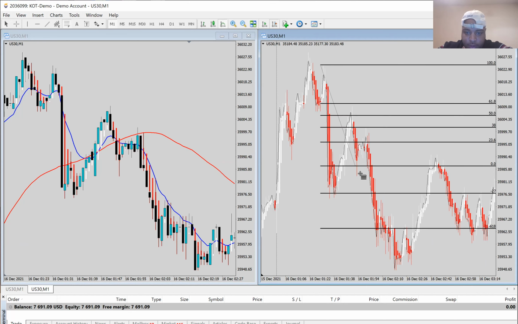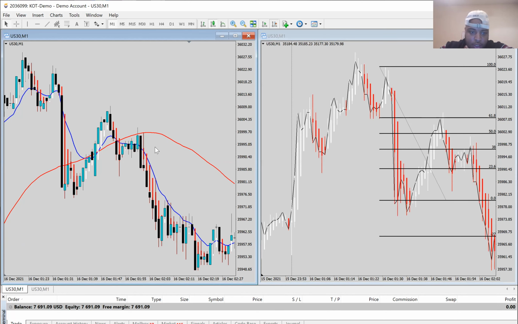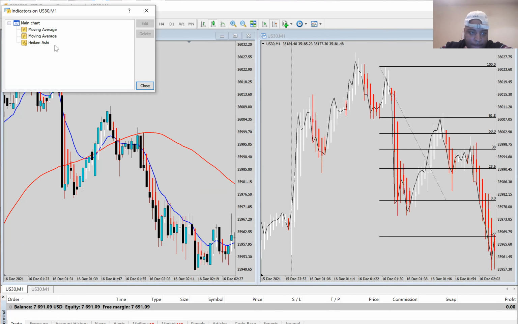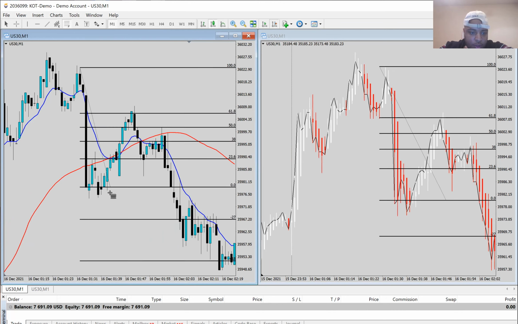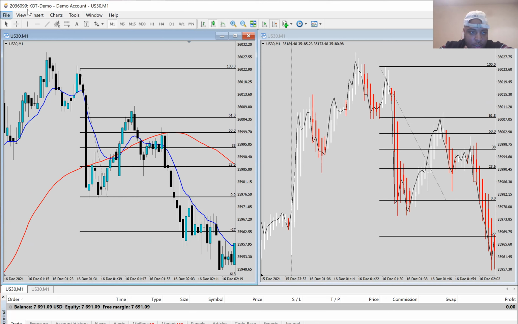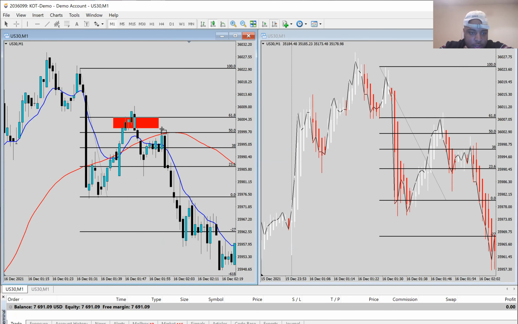Somewhere around here, we was looking for this pullback in this area, right? So if I turn the HK off over here and just look at candlesticks versus HK, boom. Where we at? Boom. Now I know we don't want to take a sell until we get inside this area.